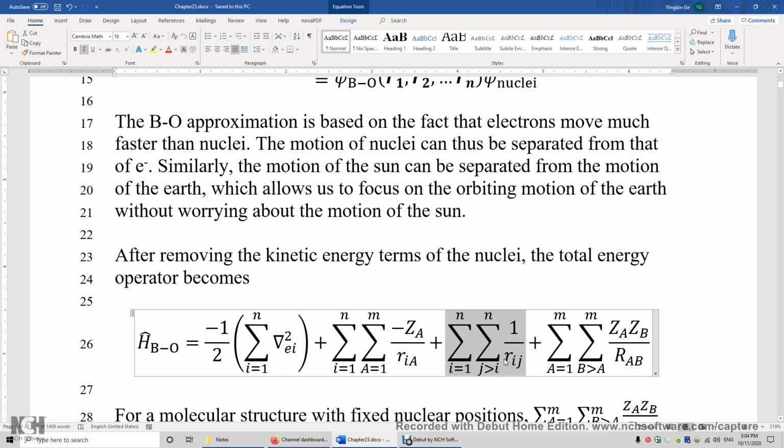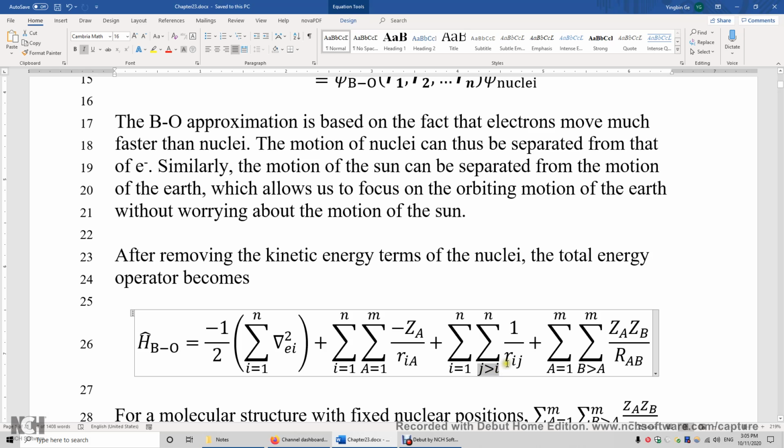This is the electron-electron repulsion. Pay attention to this j is greater than i condition. j should not be equal to i because that would result in the self-repulsion of an electron, and that's unphysical. An electron does not repel itself, so j cannot be equal to i. And the reason I put j is greater than i here is to avoid double counting of the repulsion terms.